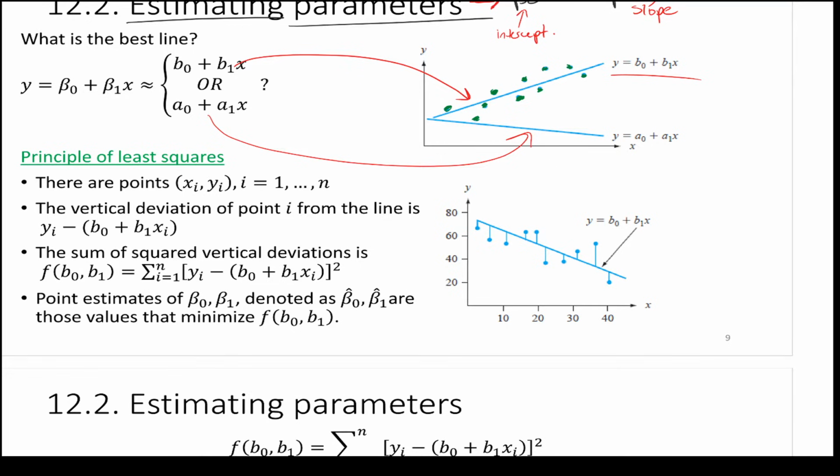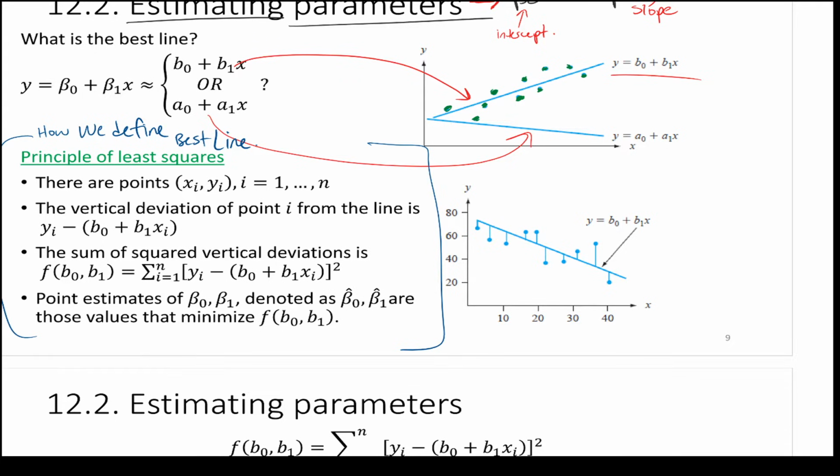So we will define the best line in terms of this principle of least squares. So this is how we define the best line.